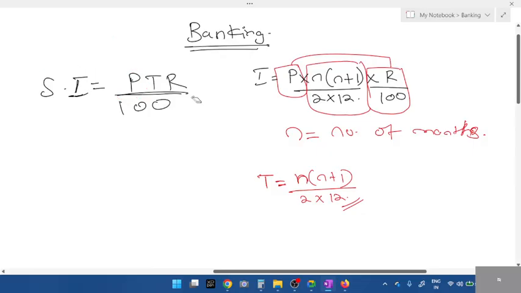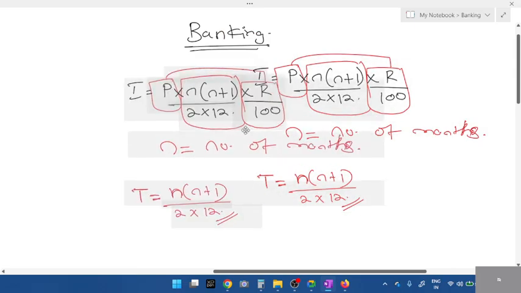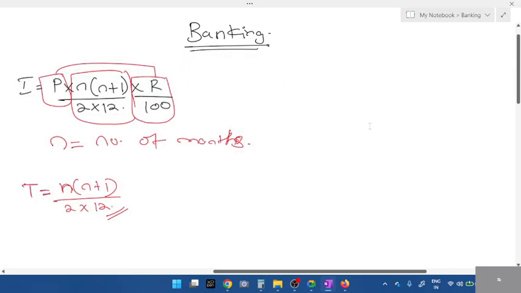But in banking, we deposit principal monthly. Every month we deposit some cash, say 500. N stands for number of months.